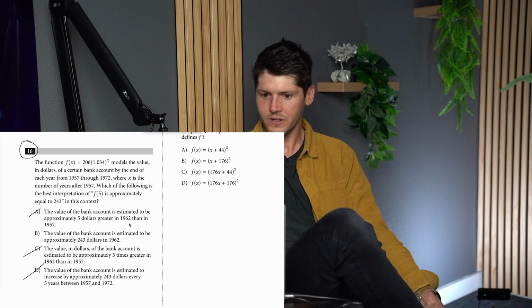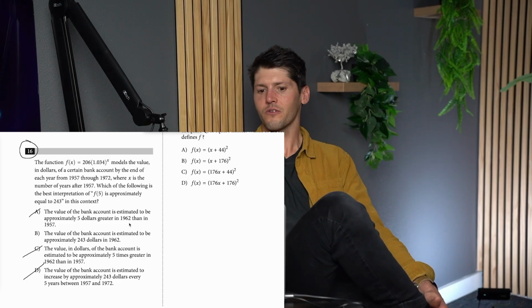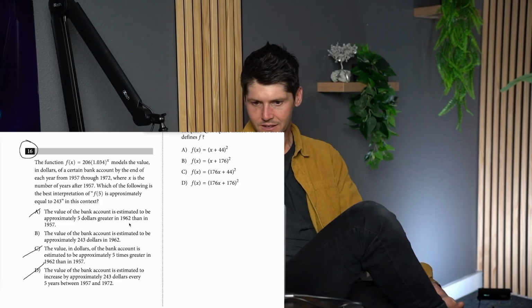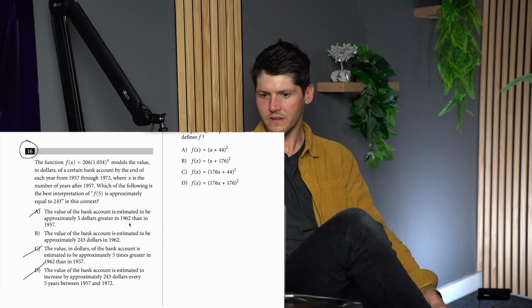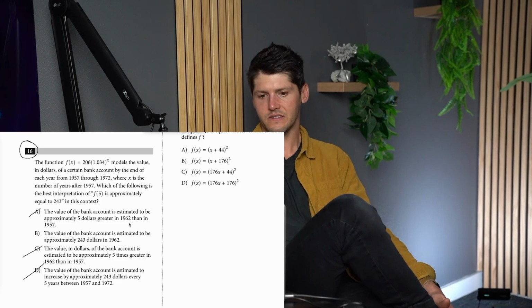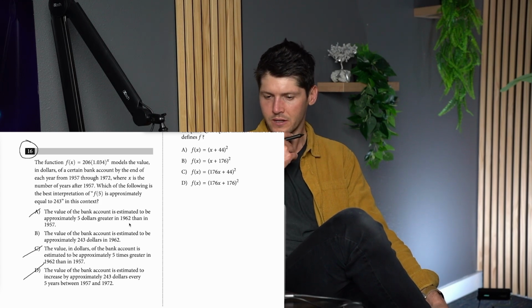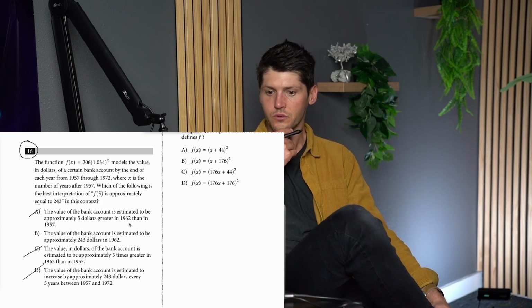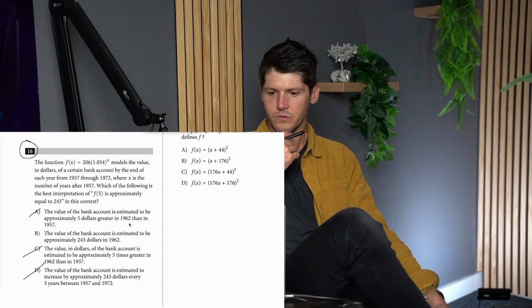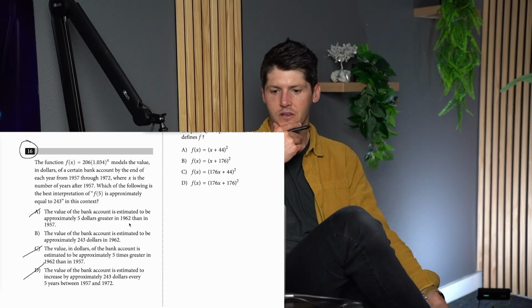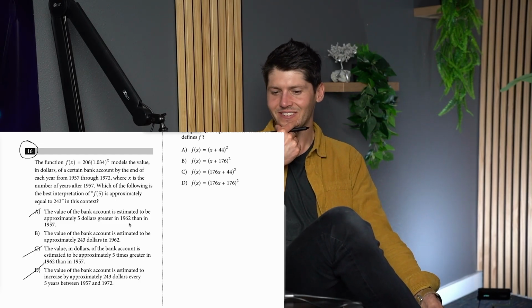Yeah, cool. So we've gotten rid of C and we're down to these 2 remaining answers, B and D. B says the value of the bank account is estimated to be approximately $243 in 1962. And then D says the value of the bank account is estimated to increase by approximately $243 every 5 years between 1957 and 1972.